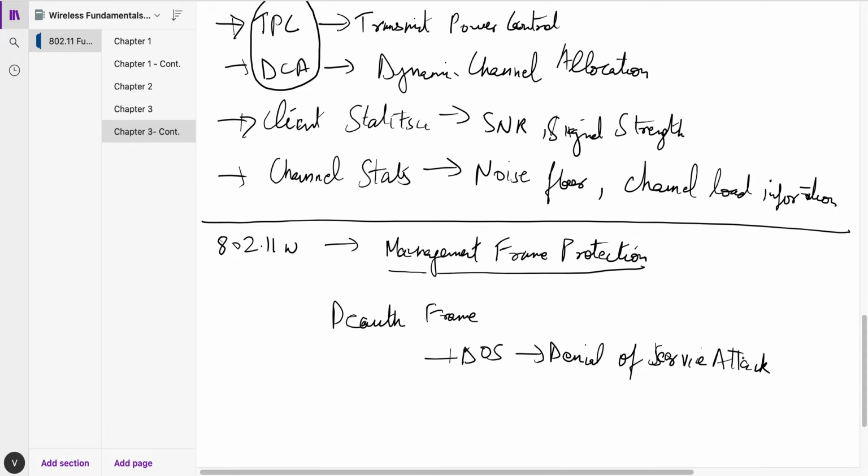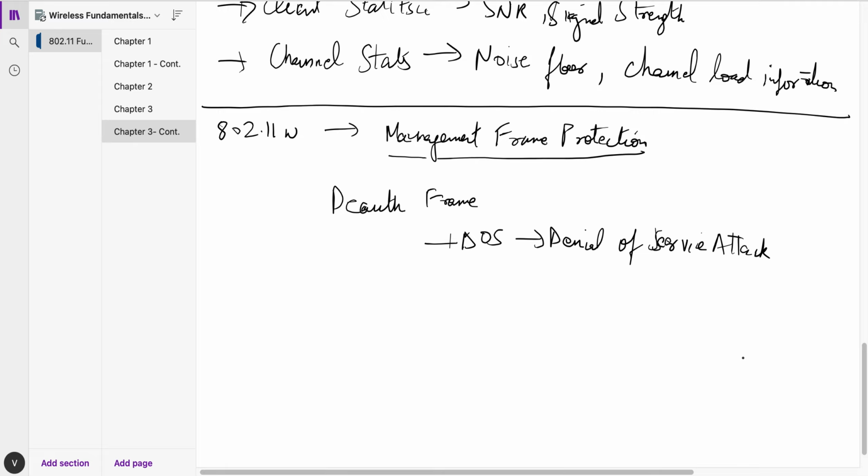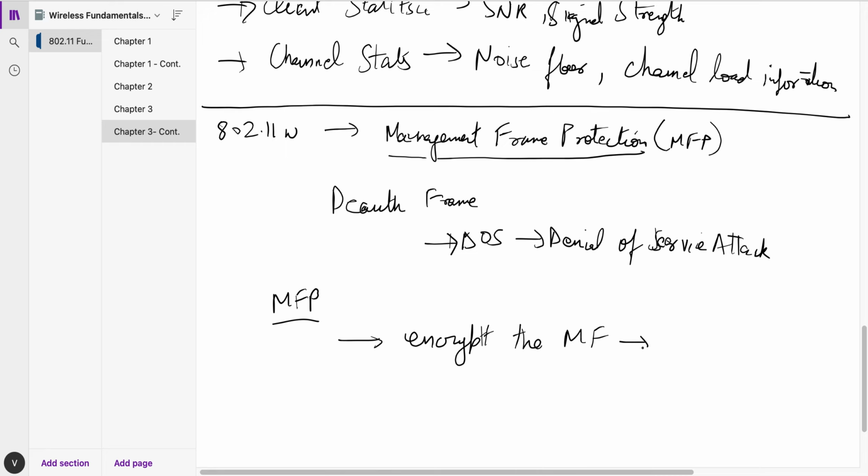To prevent this, we do something called MFP. What we do in MFP is we make sure we encrypt the management frames with CCMP encryption.